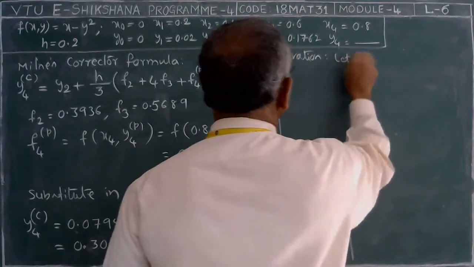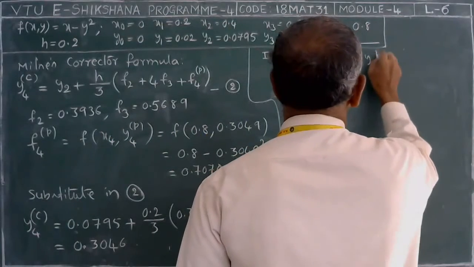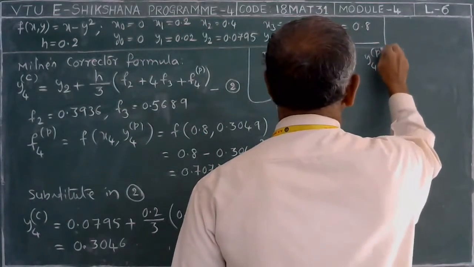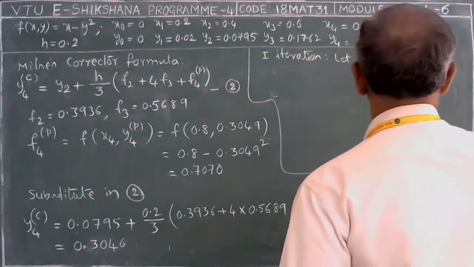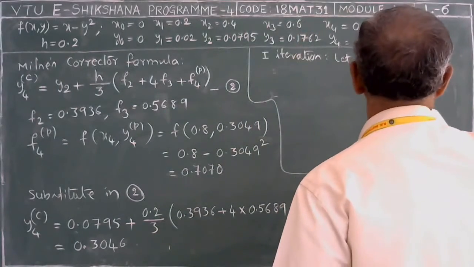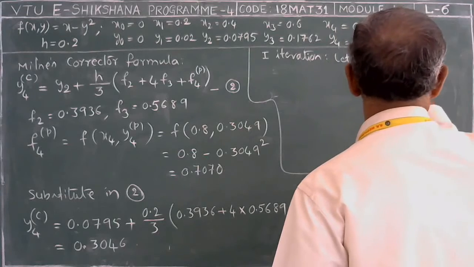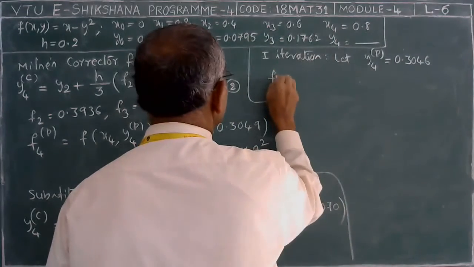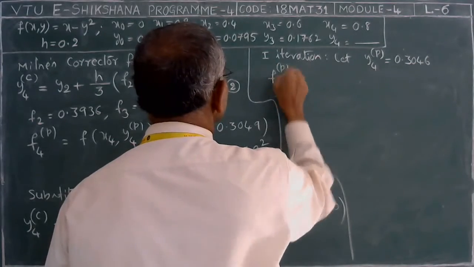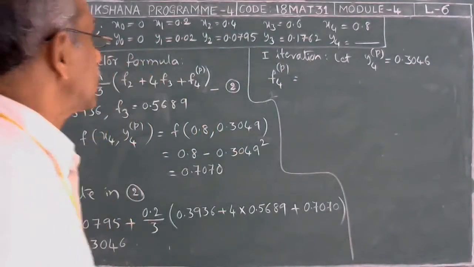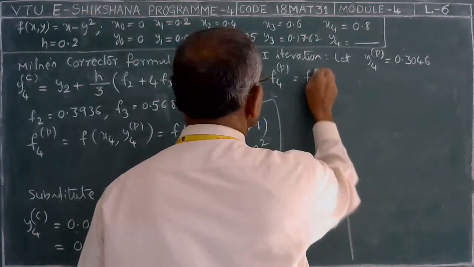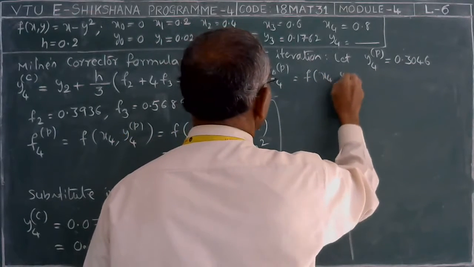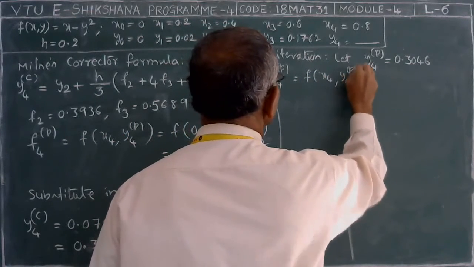Let y4p be equal to this corrected value, 0.3046. So calculate F4P. F4P is F of X4 comma Y4P.